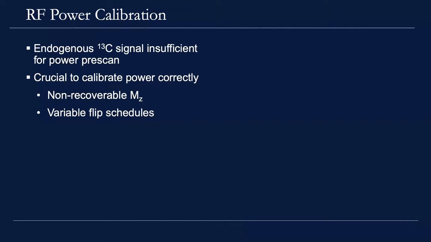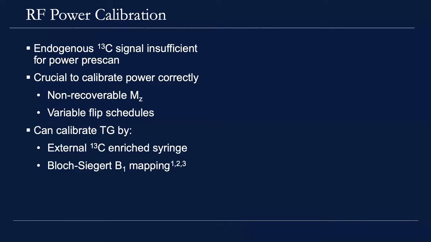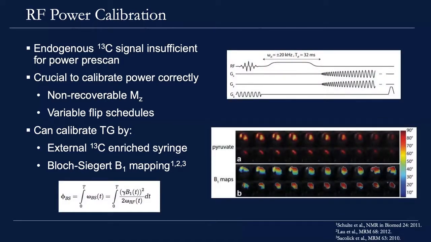A phase-based approach? Yeah, exactly, right? The most popular one there is Bloch-Siegert B1 mapping, which has been around for a few years now. The idea is that between your excitation and your readout, you play out a long duration off-resonance RF pulse. This RF pulse doesn't excite any spins because it's already off resonance. But what it does do is impart phase on the transverse magnetization, which is a function of the applied B1 and the off-resonance frequency, right?